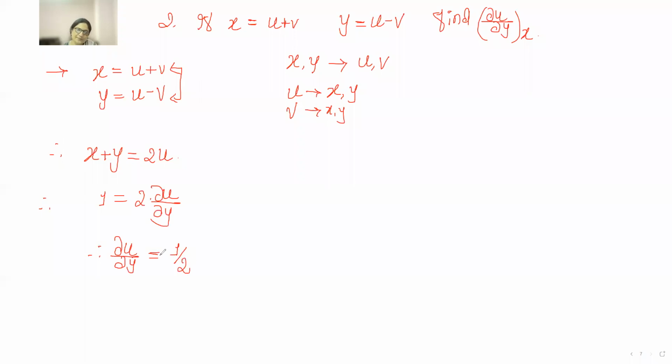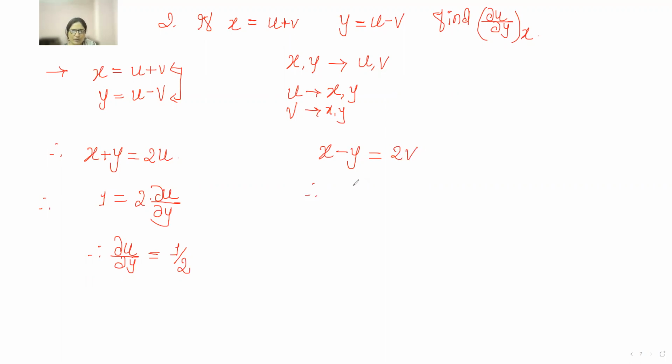What about v? How are we taking that v? Yes, it is x minus y. Suppose I am taking that x minus y is equal to u plus v minus u minus v. So minus minus becomes plus, plus u minus u cancel. So it is 2v.